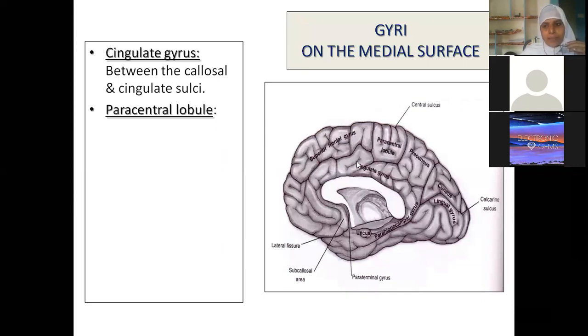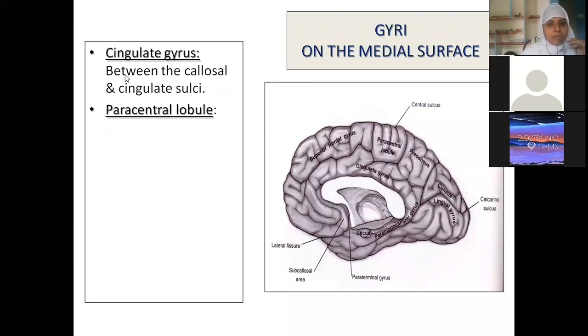Okay, then if you remember, I hope you know, this is frontal lobe, parietal, temporal, right? Now, we know this is the central sulcus, precentral and postcentral sulcus. So whatever area is surrounding the central sulcus on the medial surface, this is the medial view, is called the paracentral lobule.